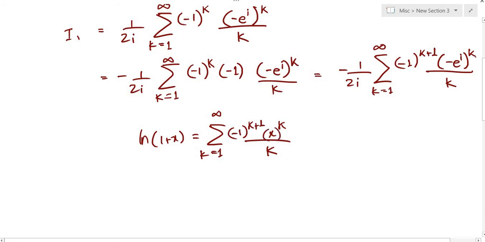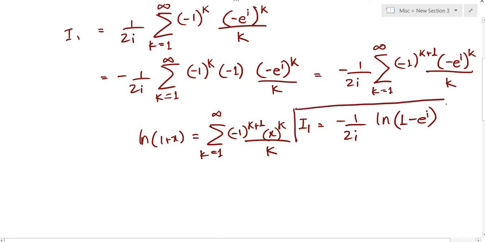Now what's raised to the kth power? Negative e raised to i, right? So basically our I1 is now going to be negative 1 over 2i times the natural log of 1 plus the variable that was raised. What's raised? Negative e raised to i. So that is basically our expression for I1.